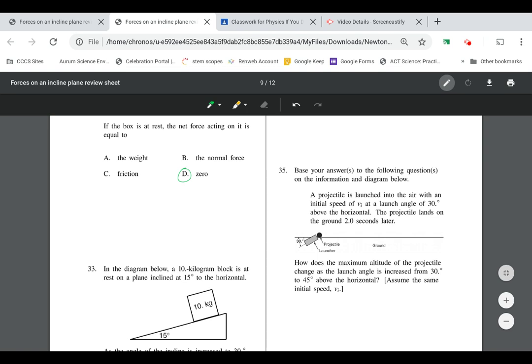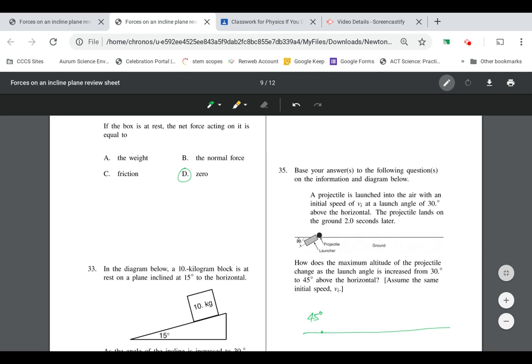How does the maximum altitude of the projectile change as the launch angle is increased from 30 to 40? Assume the same speed. Remember, when we learned projectile motion, we know that a 45-degree angle gives you the maximum range.